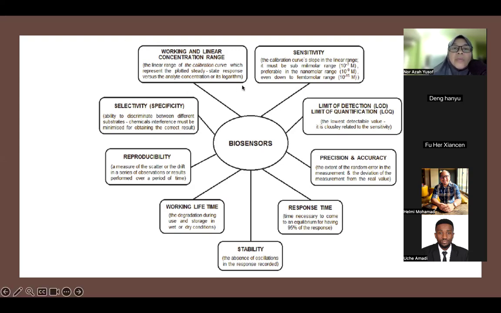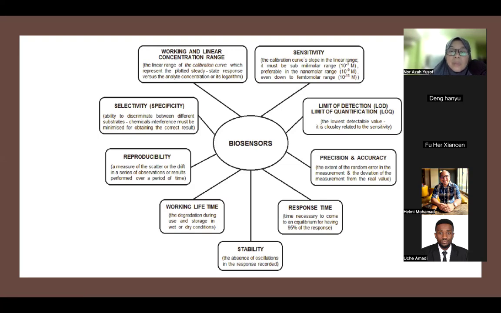So working linear range and sensitivity come together, all right? When we do the concentration analysis, the concentration effect on the signal, then we can know the working linear range. And in the end, we can calculate the limit of detection or limit of quantification so that we know whether the sensor is good.